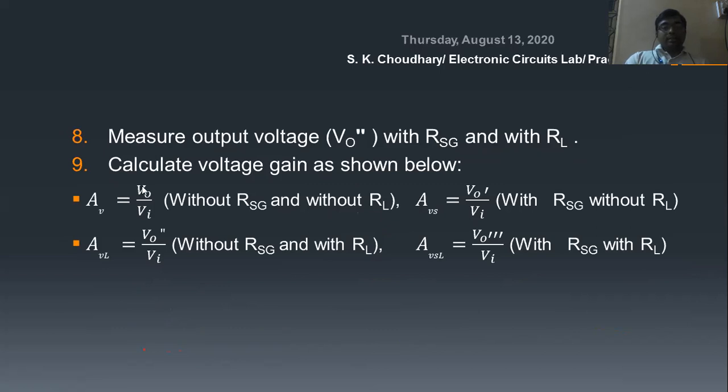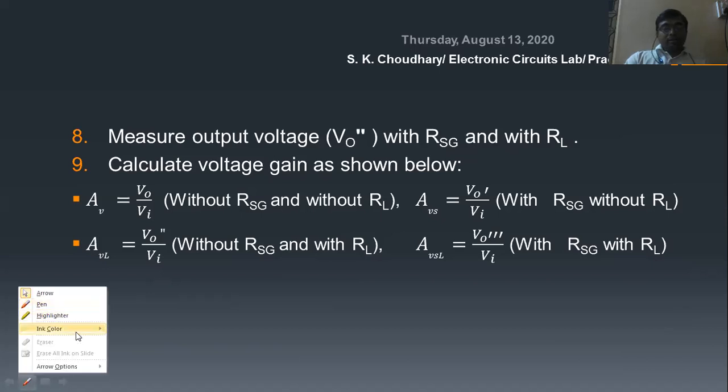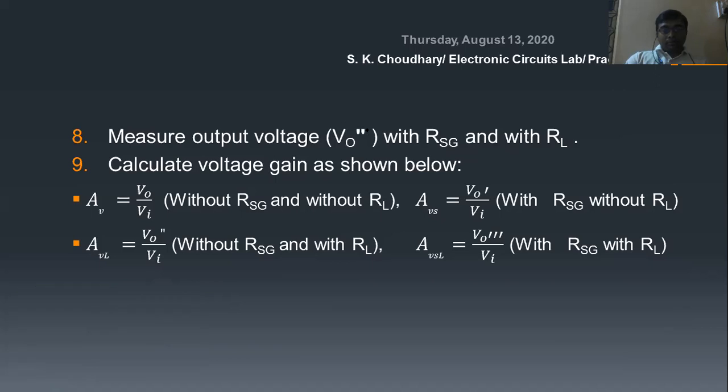The next step is to measure the output voltage with RSG and with RL also. In this way we define 4 parameters. First, AV equals V0 upon Vi, that is the undistorted voltage gain.